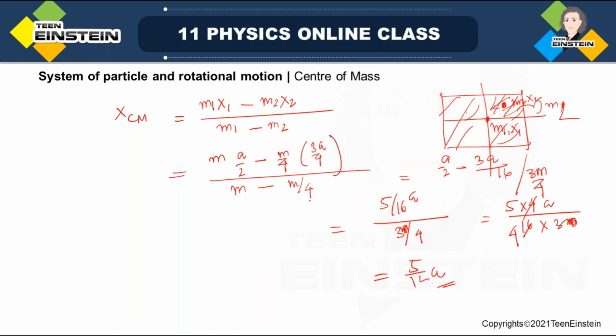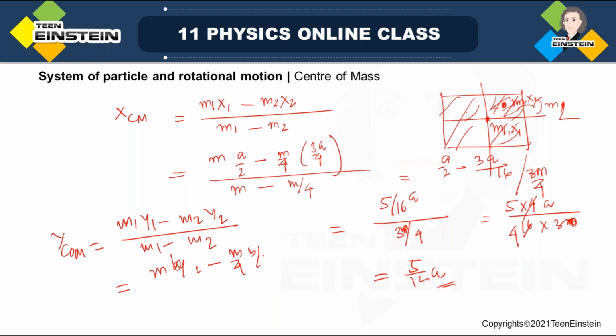Similarly, if we calculate for the y coordinate, in the same way we can do m1 y1 minus m2 y2 divided by m1 minus m2. So m1 means m again, and y1 means b by 2. M2 is again m by 4 and y2 is b by 4, and this is m minus m by 4.